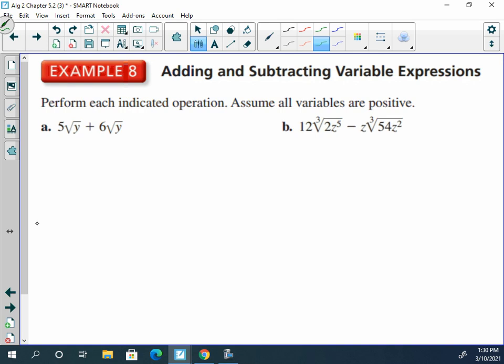Let's look at 2z to the 5th. Well, looking at this here, I'm not able to take the cubed root of 2. The other one doesn't have a 2, but 2 is already too simplified. We can't take the cubed root of 2. Now, the cubed root of z to the 5th. How many times can I pull 3 z's out? 1.